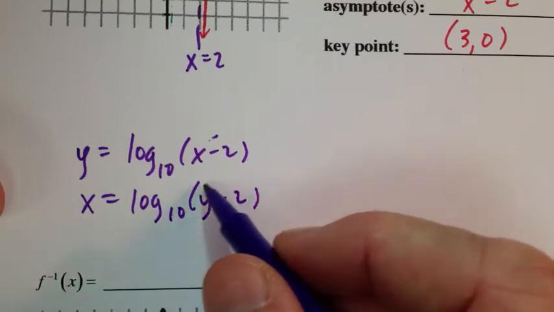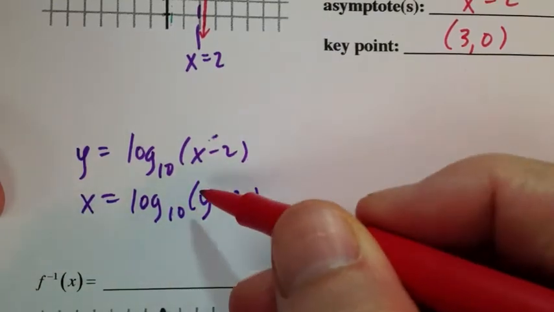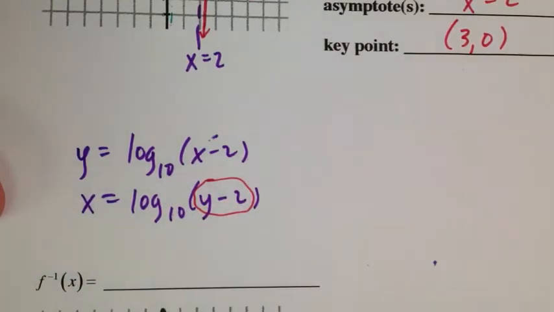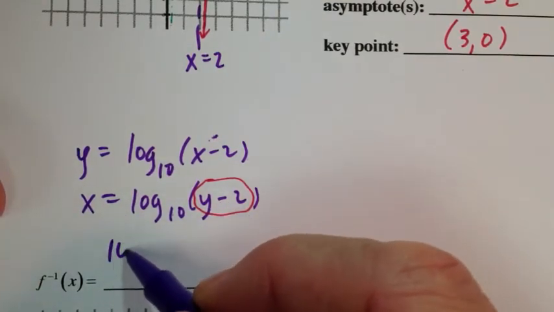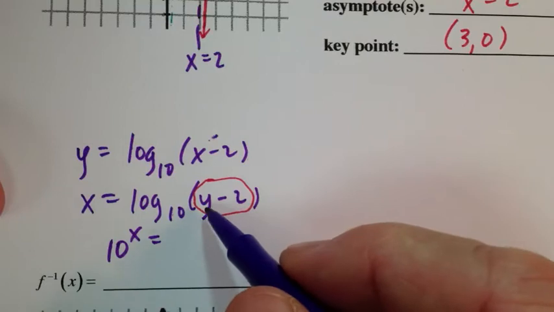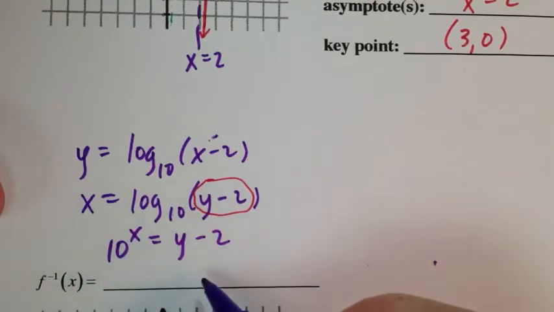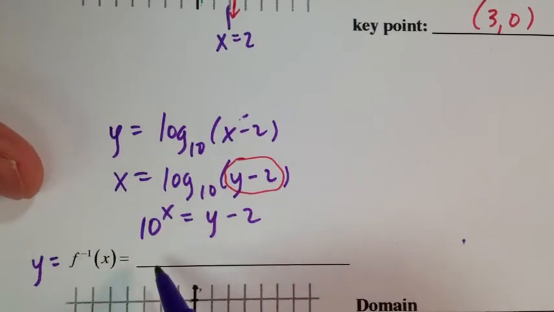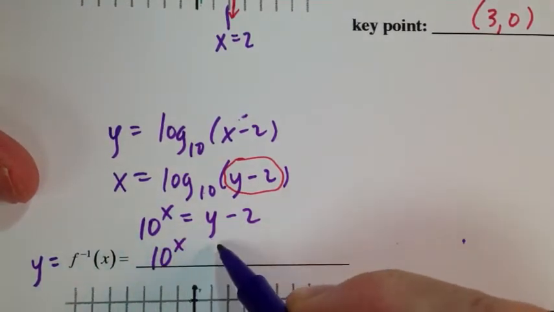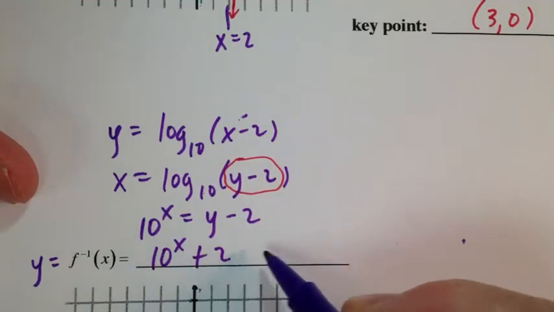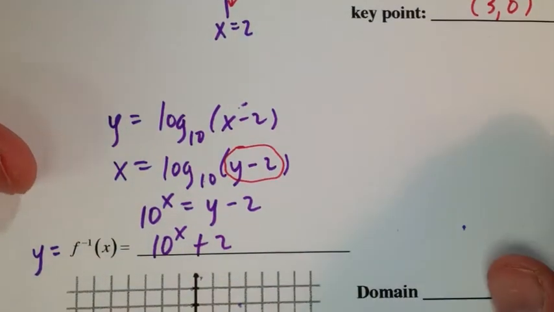Solving for y, we have to get rid of our log here, because we can't solve for y with a log there. So we have 10 to the x is equal to y minus 2, and so y, being the inverse of f, would be 10 to the x. If we add 2 to both sides, we get 10 to the x plus 2.